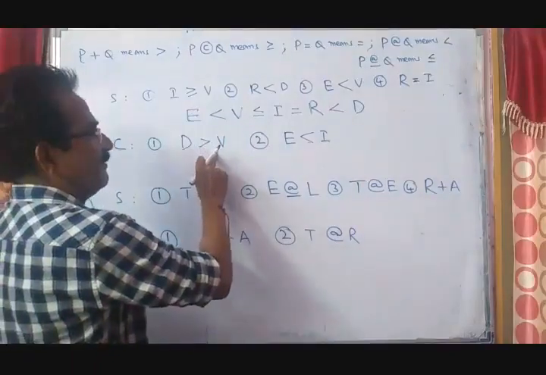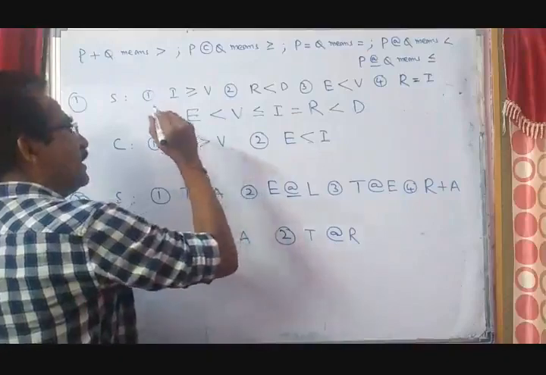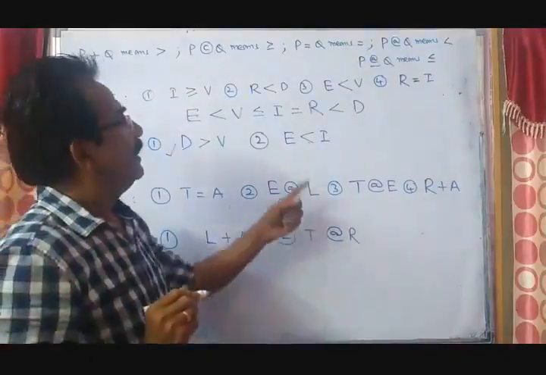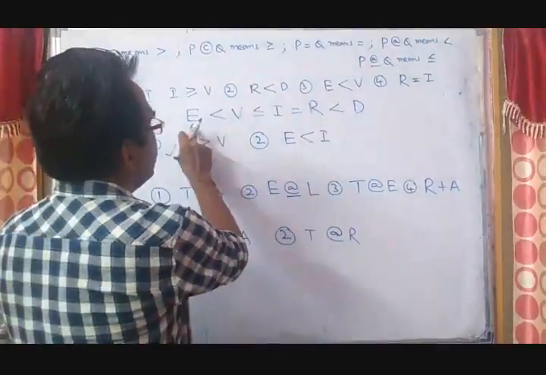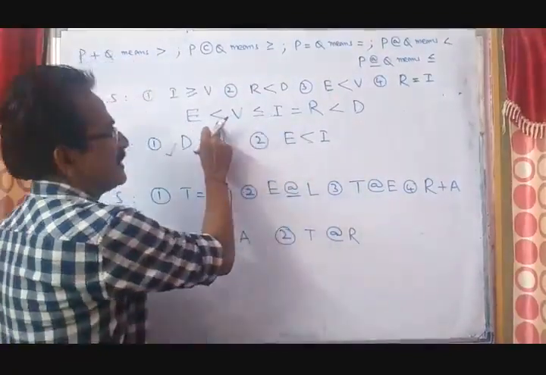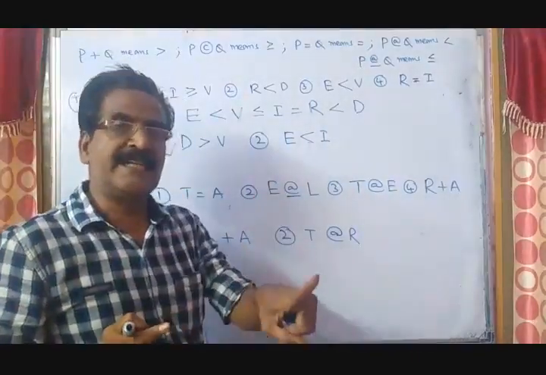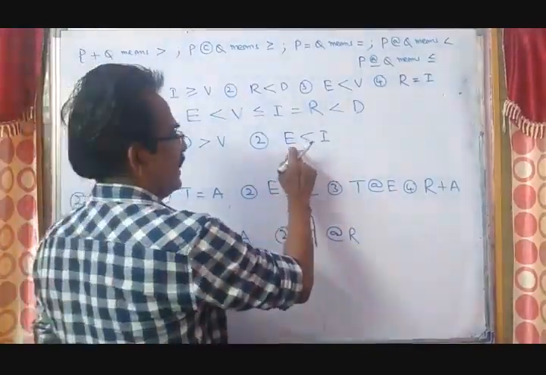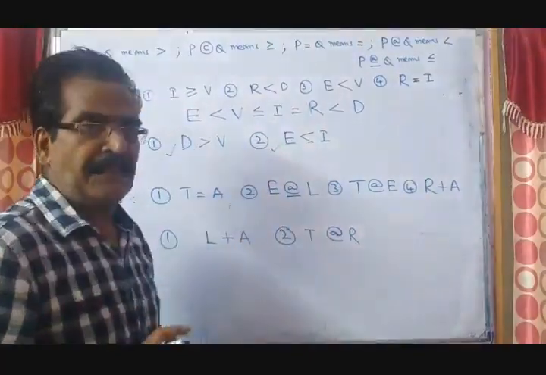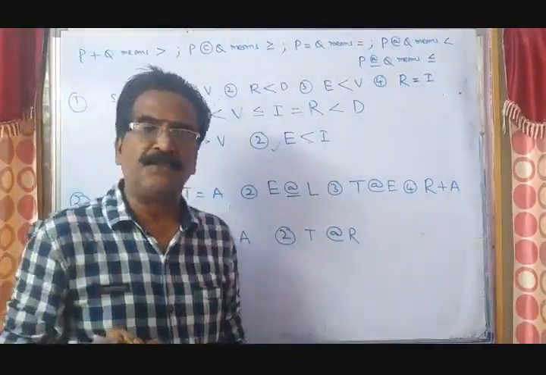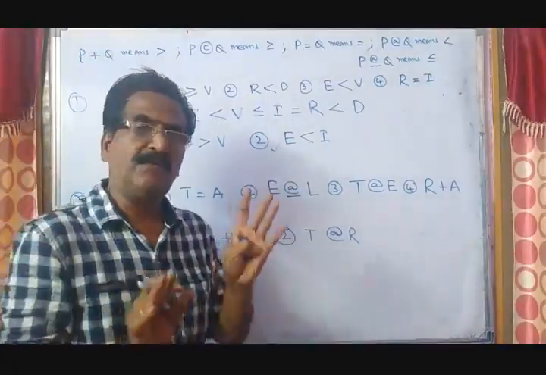So D greater than V is true. Next, E less than I. When less than and less than or equal to are there, less than is followed. So E less than I is also true. So both the conclusions follow. So the answer for the first question is that both the conclusions follow.